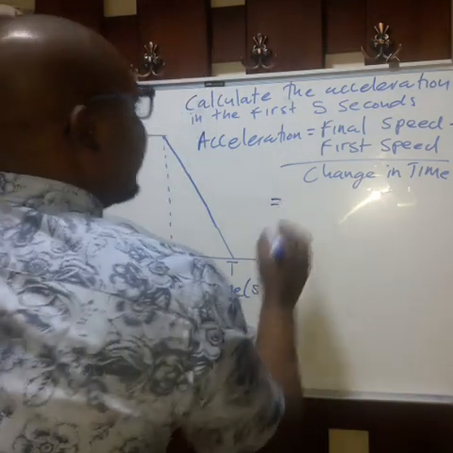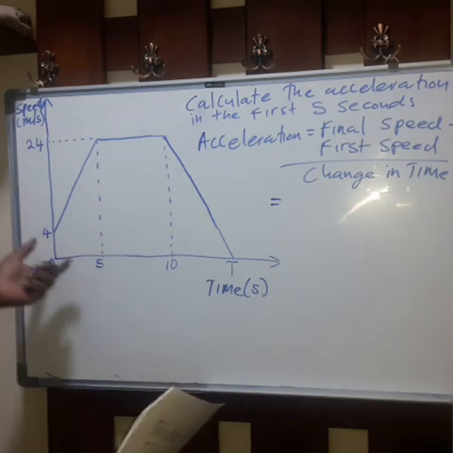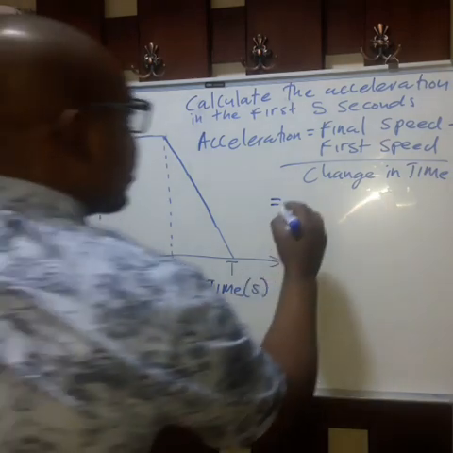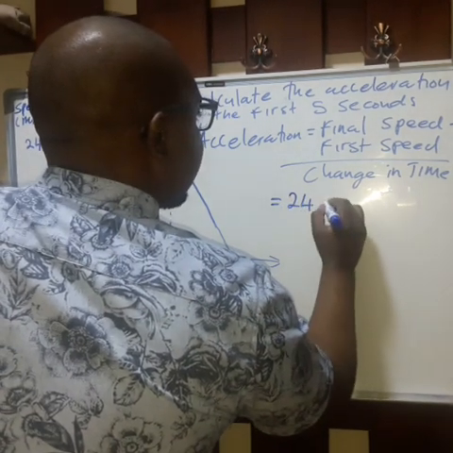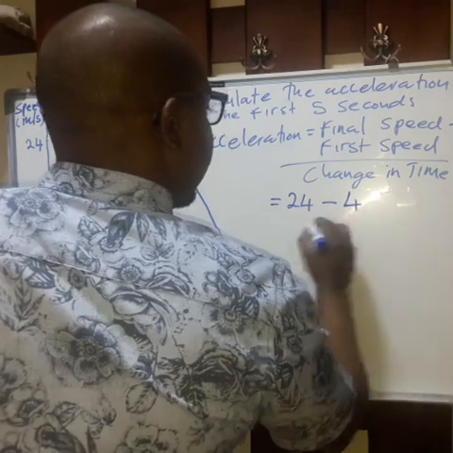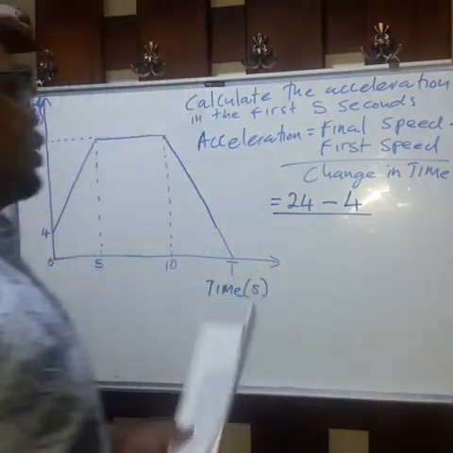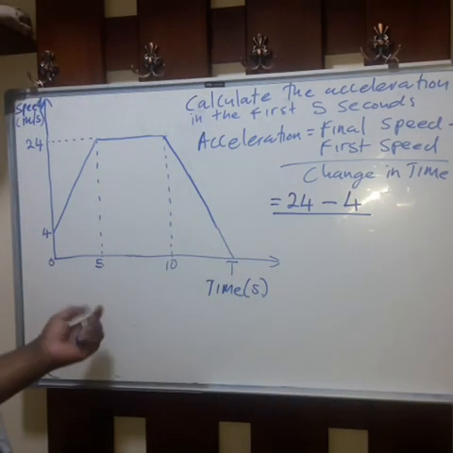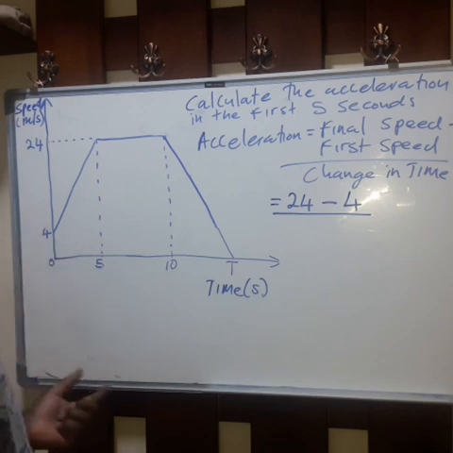In place of final speed, the final speed is 24, so I put 24 here, minus first speed, when acceleration started, it's 4 meters per second, over a change in time. A change in time is the final time minus the initial time.